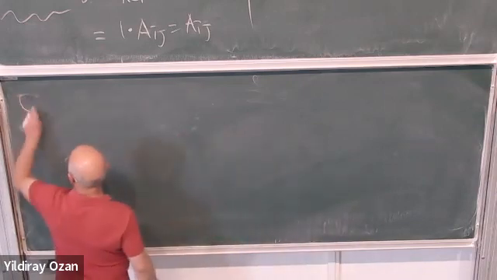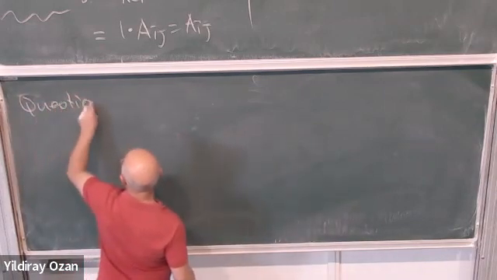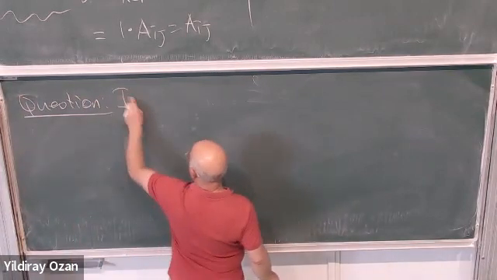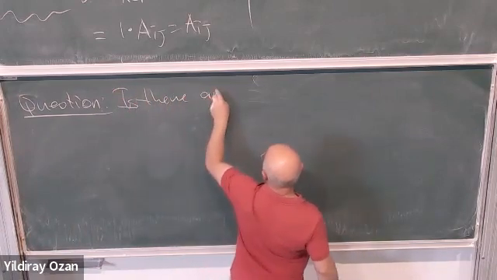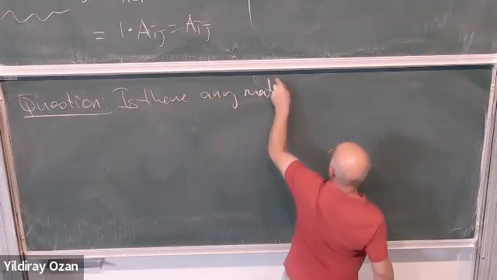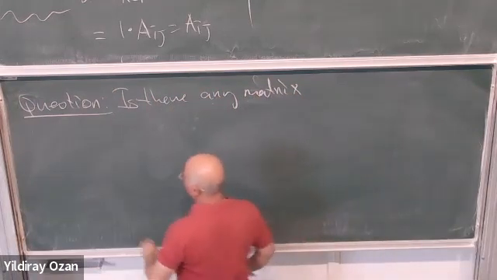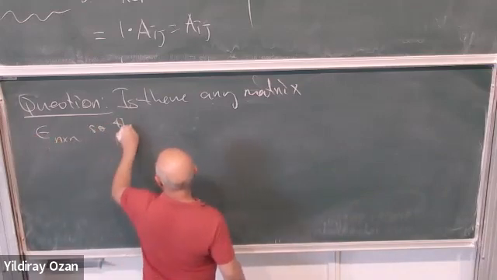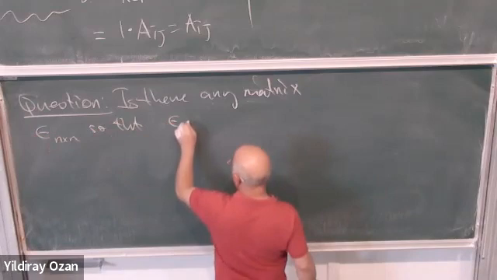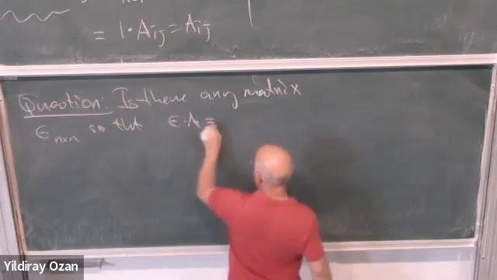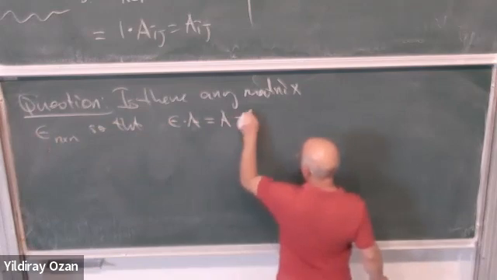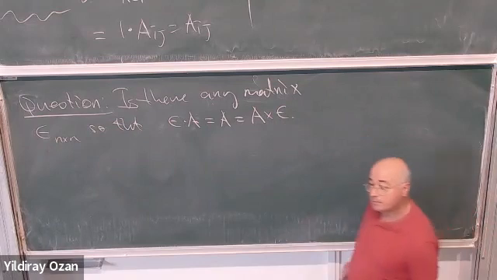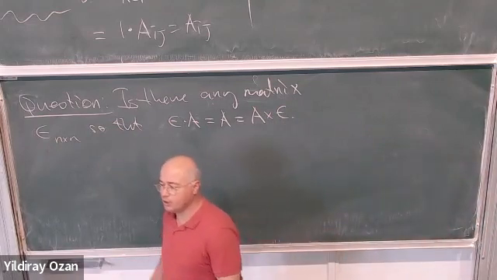So here's the question. Is there any n by n matrix, let's say epsilon, so that epsilon times A is A? I am asking whether it is unique or not, right?